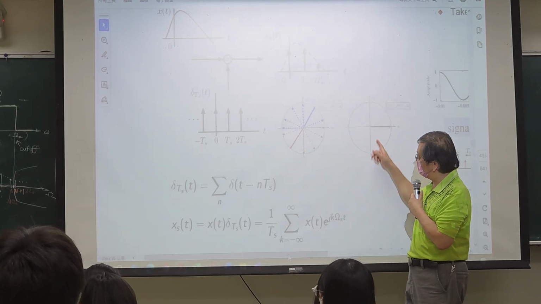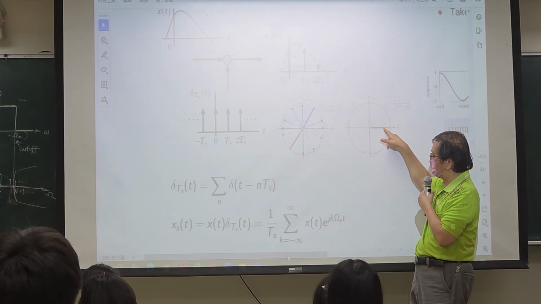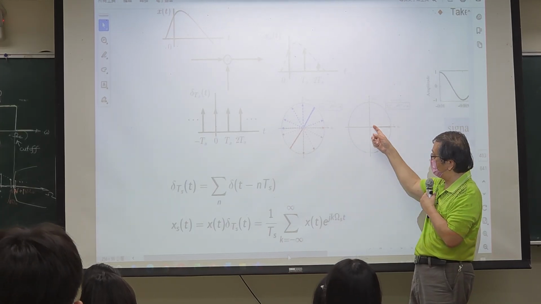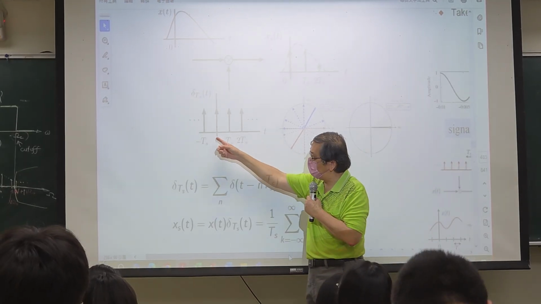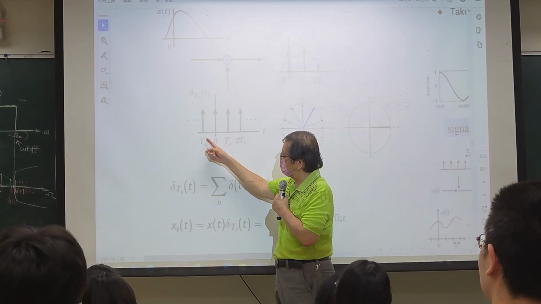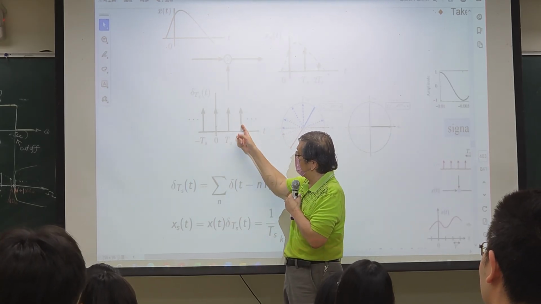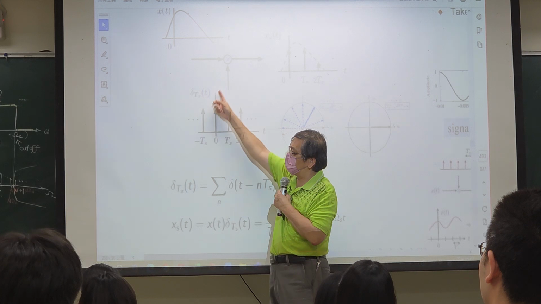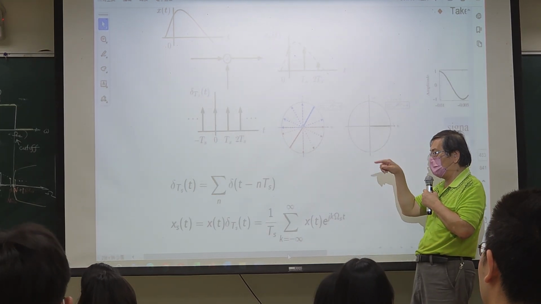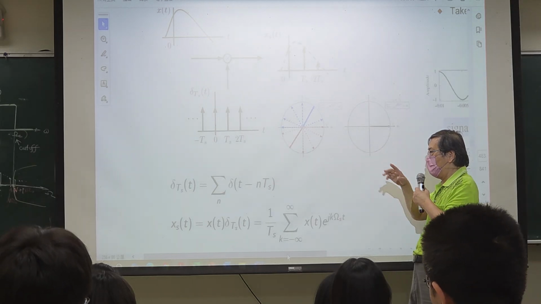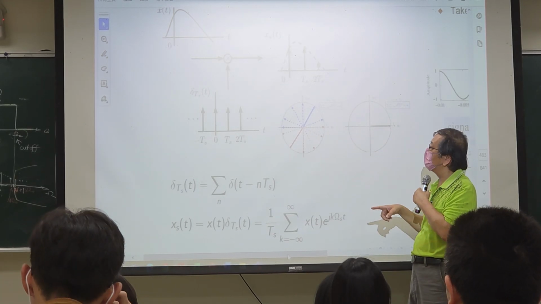So every term collapses or coincides on the positive real axis with magnitude 1. So the sum will become infinity. So that's why at the sampling instants, negative Ts, 0, 1 Ts, 2 Ts, n Ts, the magnitude goes to infinity. Because you add 1 plus 1 plus 1, there are infinite numbers of ones. So the summation is infinity, right?